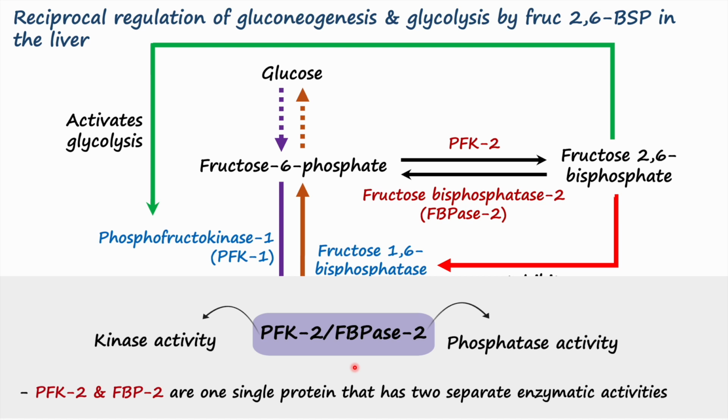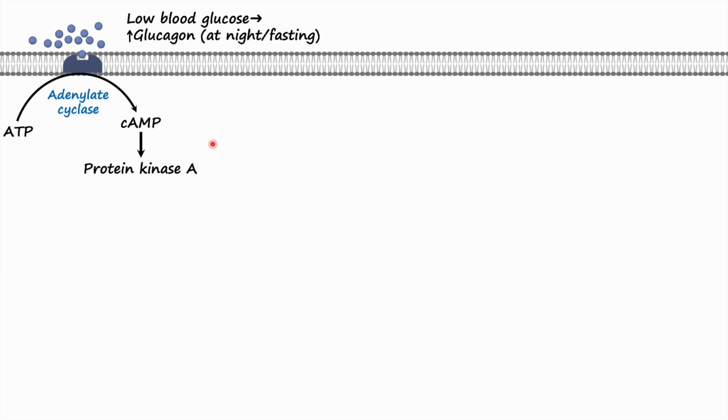And now we are going to look into how fructose 2,6-bisphosphate regulates gluconeogenesis and glycolysis. So for instance, say there is a low blood glucose level, which increases the glucagon hormone, and this occurs mostly at night or during fasting. And when the glucagon level is high, it activates the adenylyl cyclase enzyme, which converts ATP into cyclic AMP, and there is a cyclic AMP dependent activation of protein kinase A. Now once protein kinase A is activated, it inactivates the PFK2 enzyme by phosphorylating PFK2.